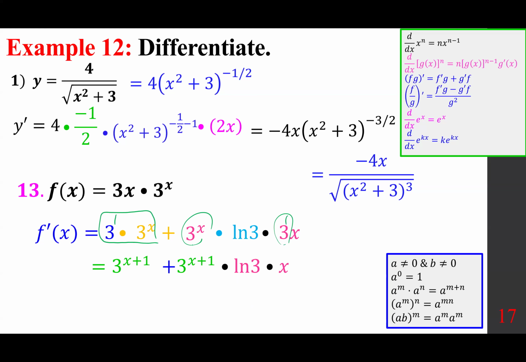So 3 to the power of x plus 1 is in common. What is left from the first one is 1. From the next one is ln 3 times x. We put the x in front because we don't want any mix-up. One may think this is ln of 3x if we didn't have a raised dot. That's why I put the x in front.